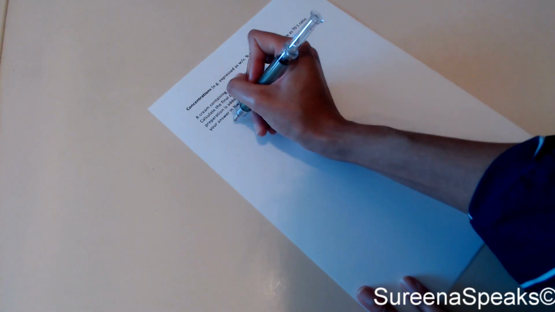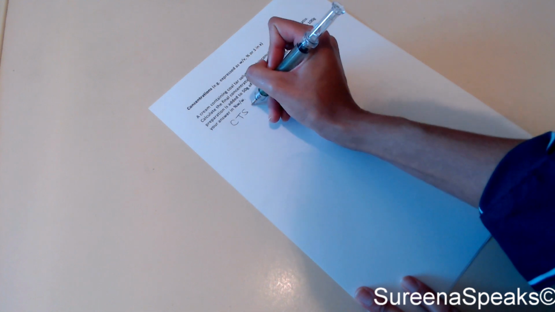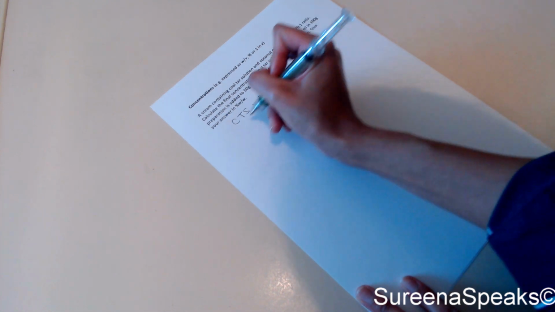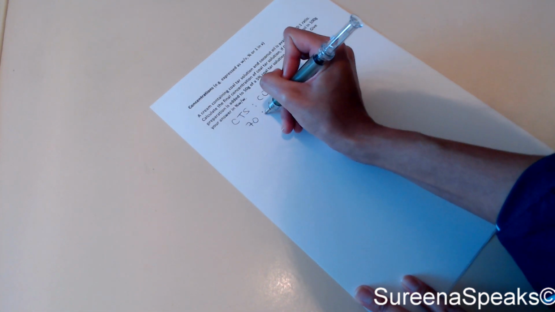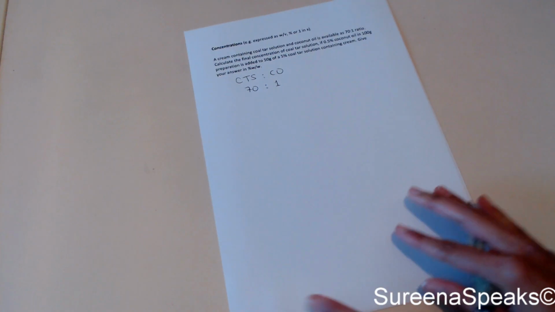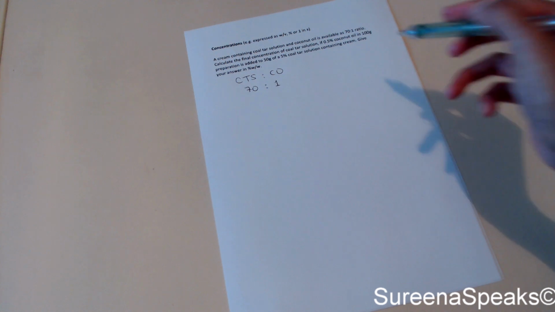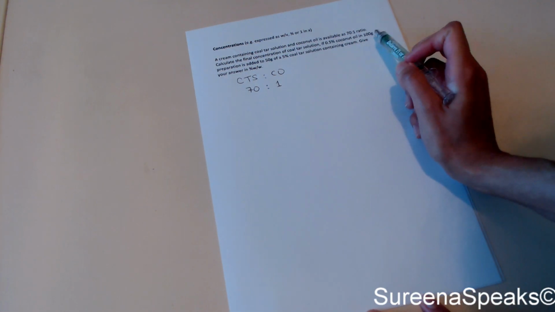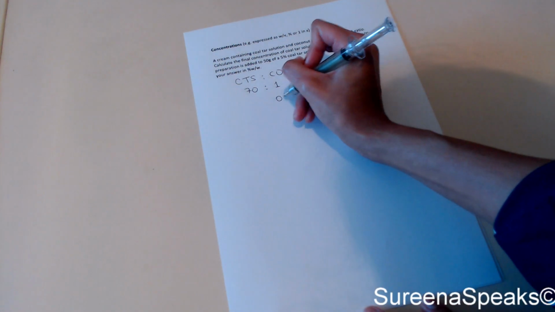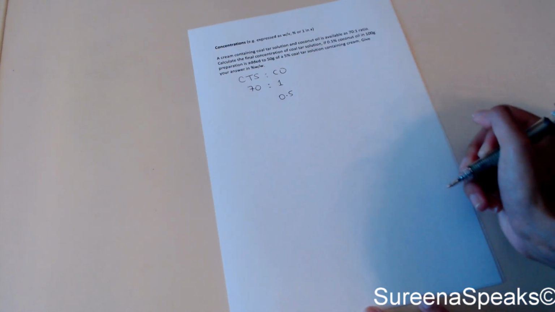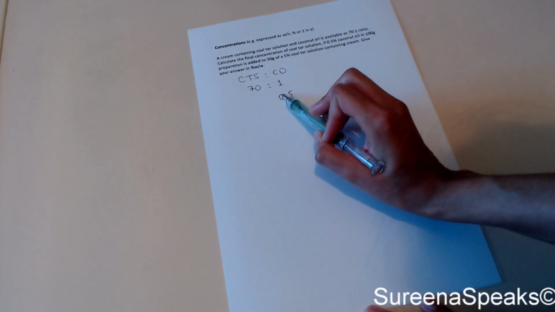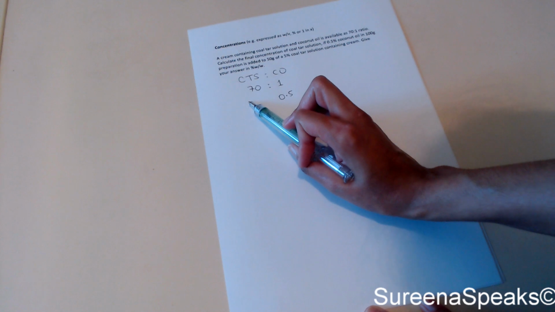So, we have coal tar solution to coconut oil in a ratio of 70:1. They've told us that. So we have 0.5% coconut oil in 100 grams. So if we have 0.5% here, I want to work out what that would work out to be with our coal tar solution.